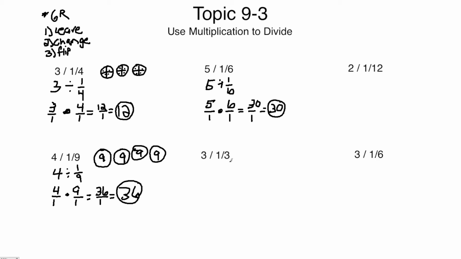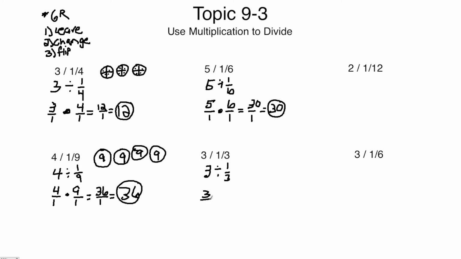All right. On the 4th problem, go ahead and push pause and see what you come up with: 3 divided by 1/3. All right, so we have 3 divided by 1/3. Let's do the golden rule.